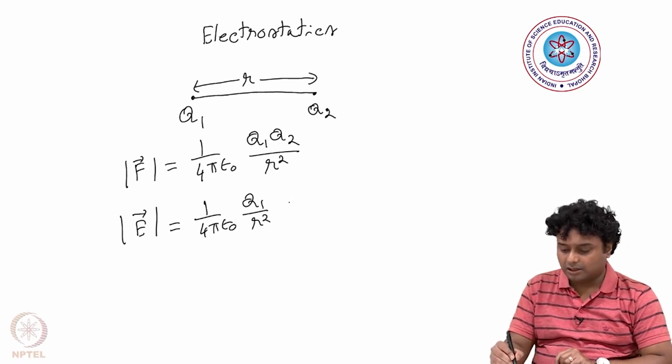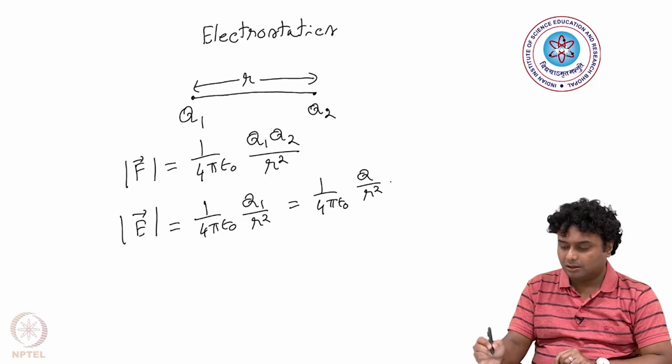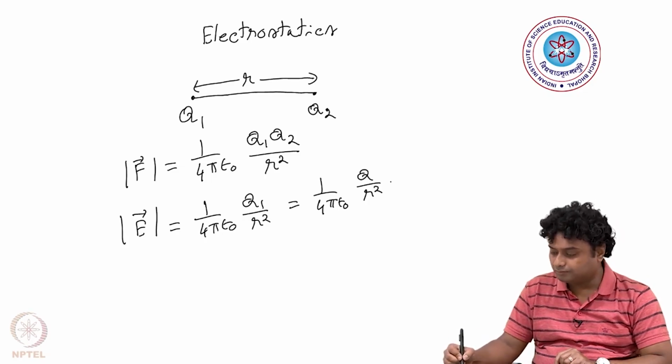Or in general, for a charge Q, it is 1 by 4 pi epsilon naught into Q by r square. Let's assume the charges are Q.